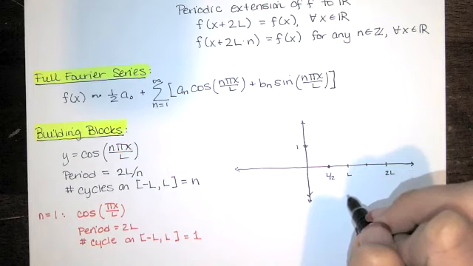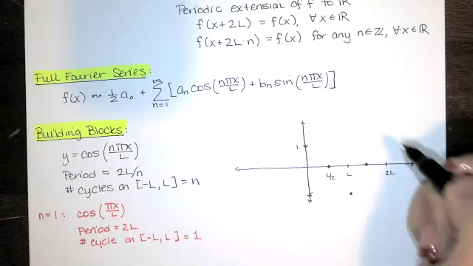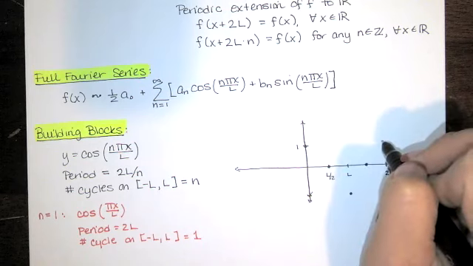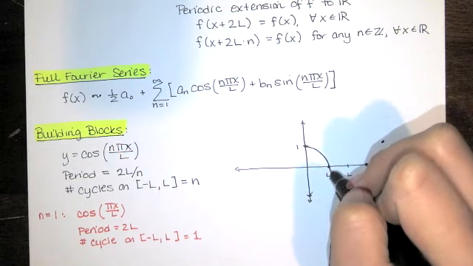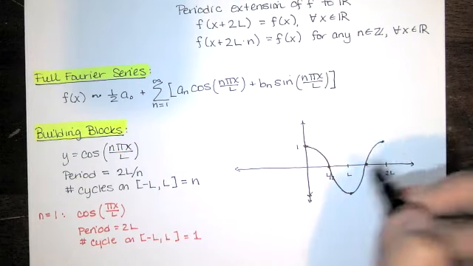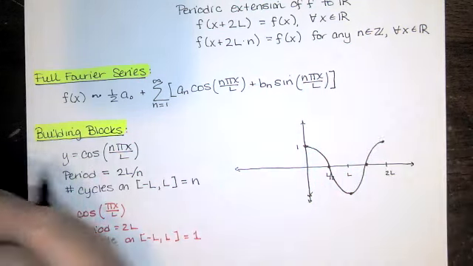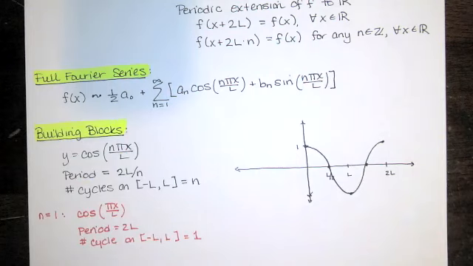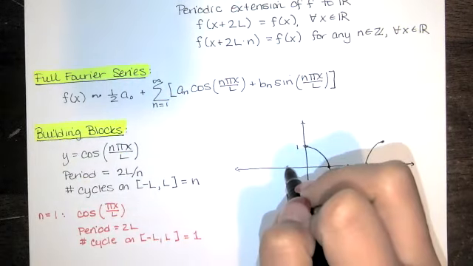Then a fourth of the period later, at L, we would get negative 1, then we go back to 0, and then we go back up to that maximum value. That would be our cosine wave, and this continues all the way to negative infinity and all the way to positive infinity in both directions.